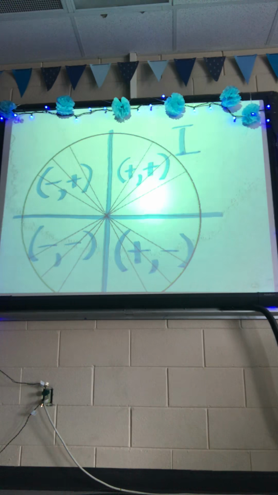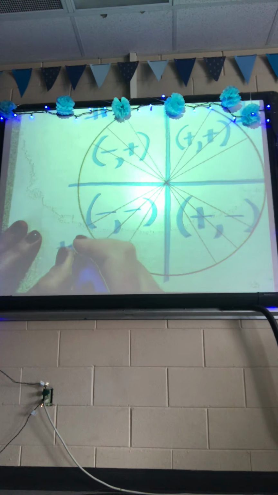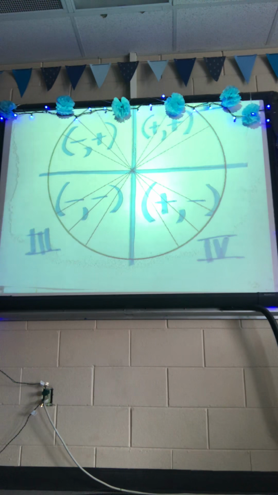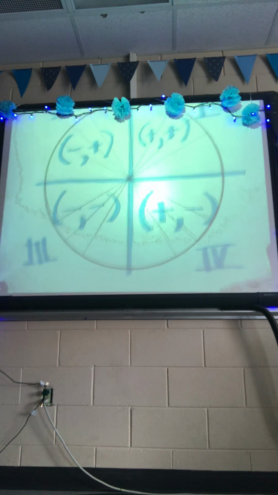Right here in the positive, positive quadrant, just a reminder, we talked about this the other day, that's quadrant 1. This is quadrant 2. This is quadrant 3. This is quadrant 4, just as a reminder, okay? So the first thing that we're going to do today, do you mind writing this, or is this okay? Okay.